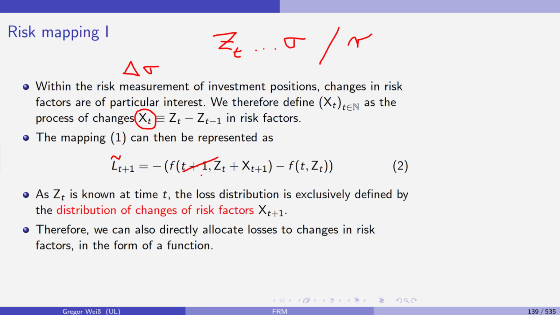And this is deterministic, this is deterministic, and as you can see, the only thing that is stochastic is the change in the risk factors. That's the only thing we need, and thus the loss distribution will only depend on the change in the risk factors xt plus 1.